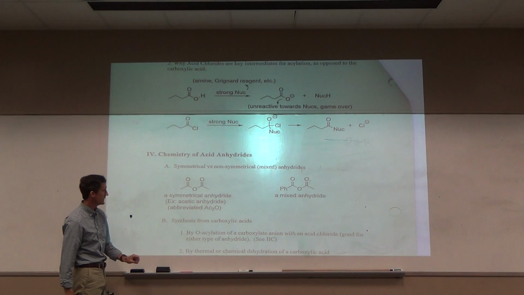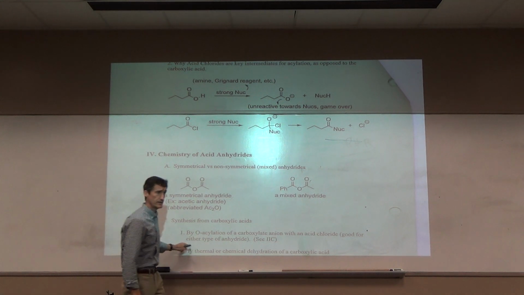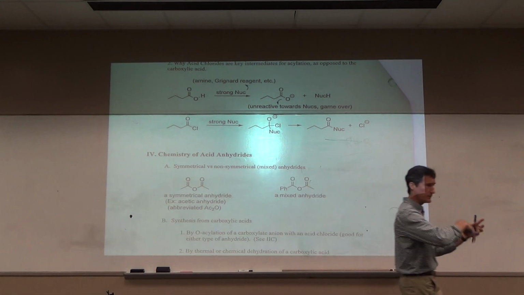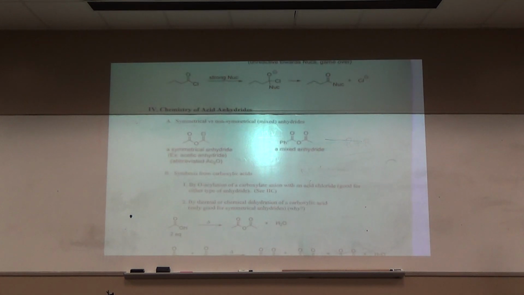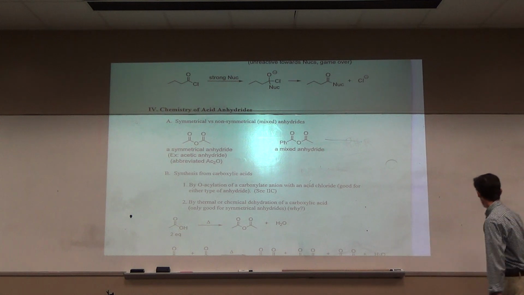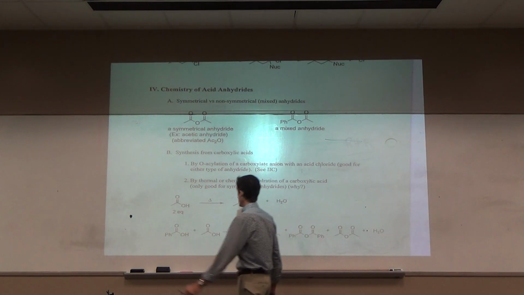So, anhydrides. How do you make anhydrides? Well, I've actually already seen one method. Please look back. Again, a lot of this chemistry just sort of cycles back around because you make them from carboxylic acids. Number two, a new way, is what I just showed you.